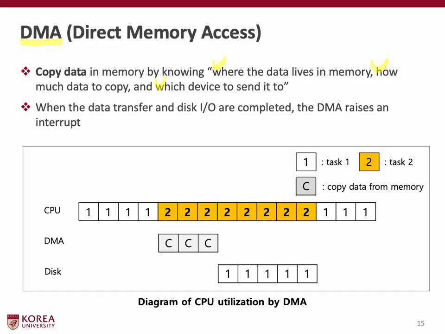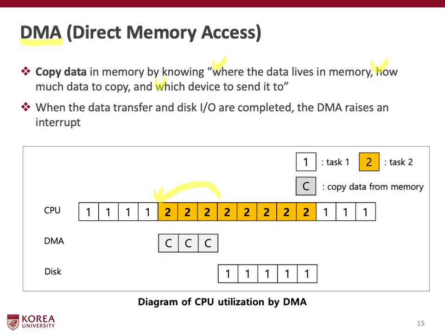Okay, then let's take a look at this figure. When task 1 requests an I/O operation, the operating system sets up the transfer by communicating with the DMA at this point. After that, DMA will copy the data from memory to disk on behalf of the operating system. And during this time, task 2 is running on the CPU. That is, we can avoid CPU waste in this scenario.